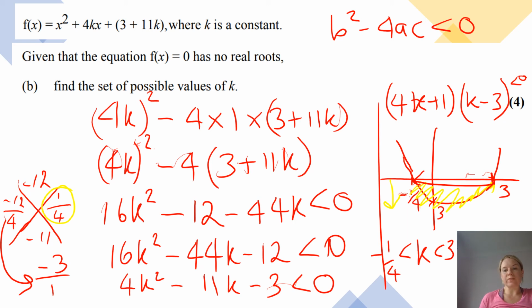So all I'm doing here is finding numbers which makes it so that this quadratic will not have any roots. Okay, and anywhere between minus a quarter and 3, that will be possible. Okay, I hope that's made sense.